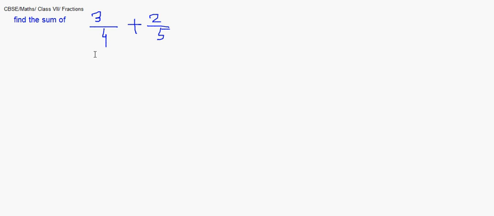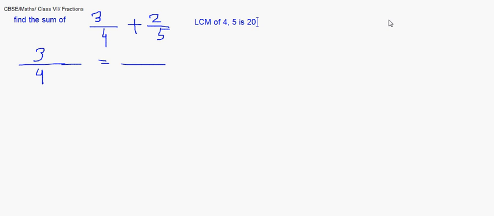We first need to convert them into like fractions, and to do so, as we discussed, we will be converting 3 by 4 into a fraction with the LCM of 4 and 5. So what is the LCM of 4 and 5? As there is nothing common, the LCM of 4 and 5 is 20.